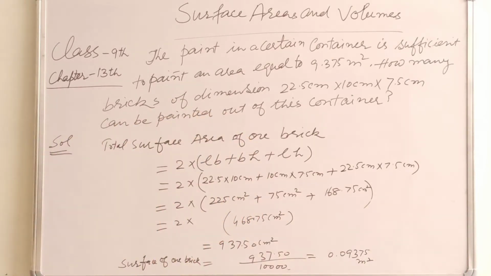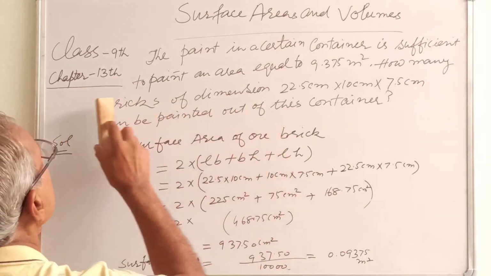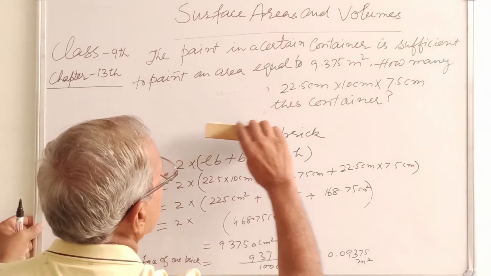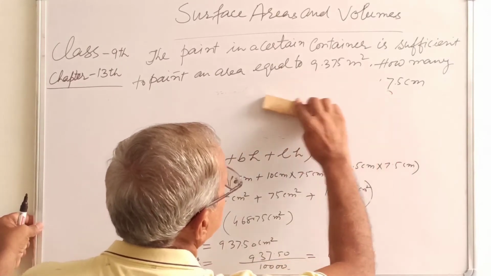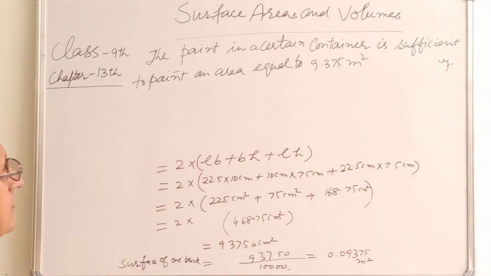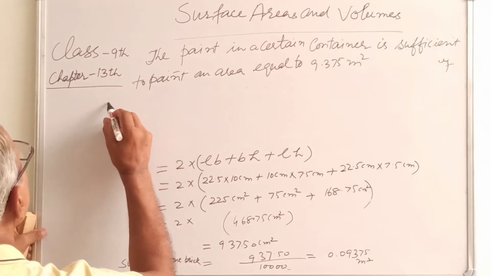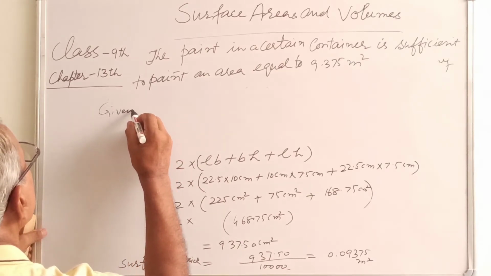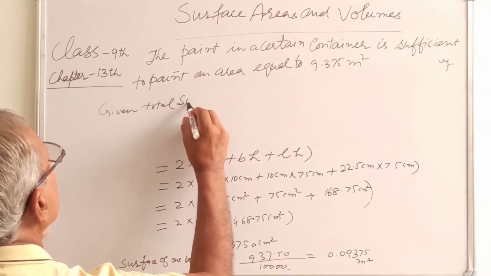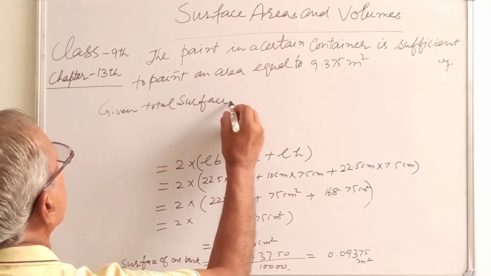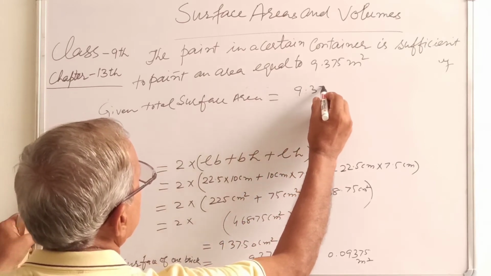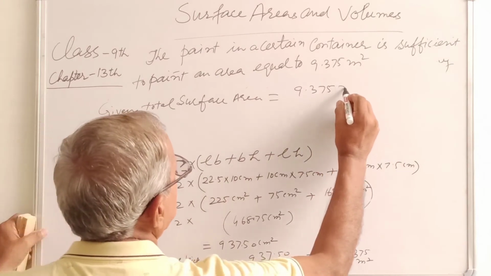So the number of bricks can be found out by dividing the given area by this area. The given total area is 9.375 meter square.